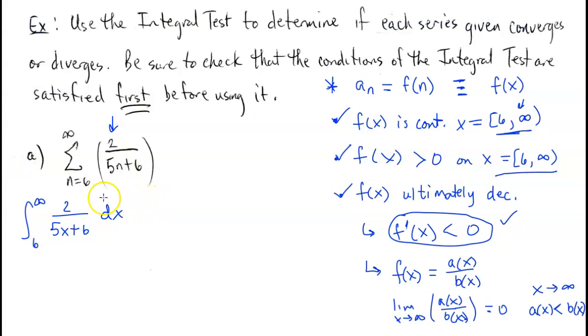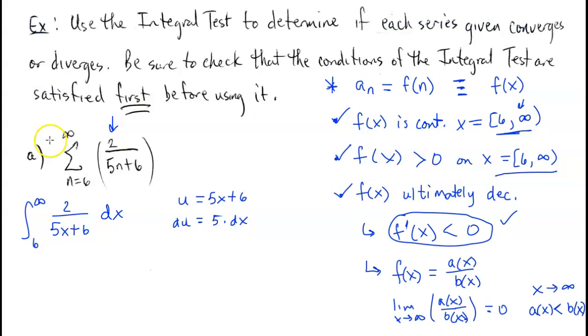So to do that, let's just go ahead and do the substitution rule here. Okay. So if we do the substitution rule, let's let u equal 5x plus 6, which means that du is just going to be 5 times dx.